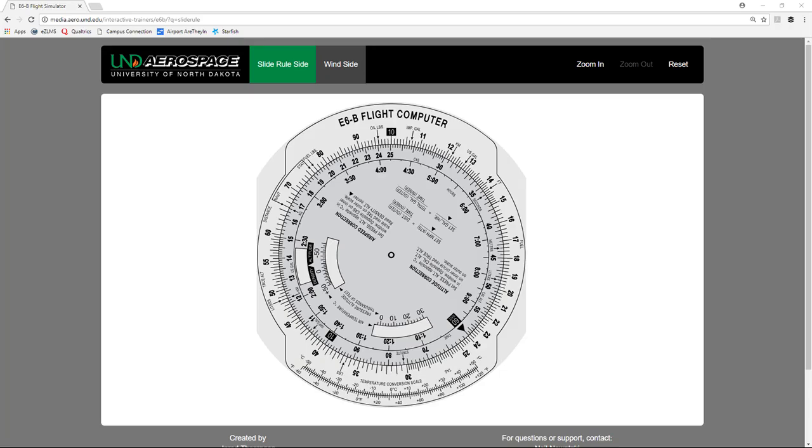In the next example, we are going to divide 120 by 3. So 120 would be our numerator, and 3 would be our denominator. Now if you look at the A scale, you will not find a 120, but you will find a 12.